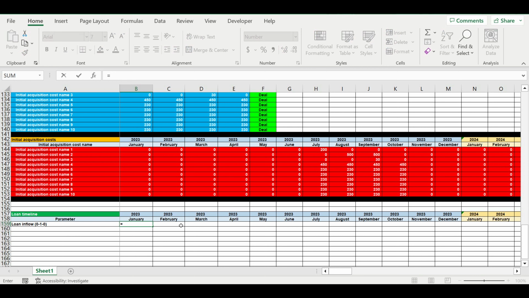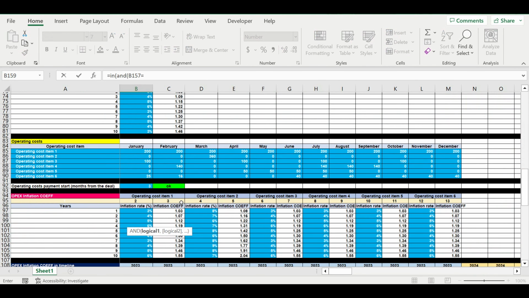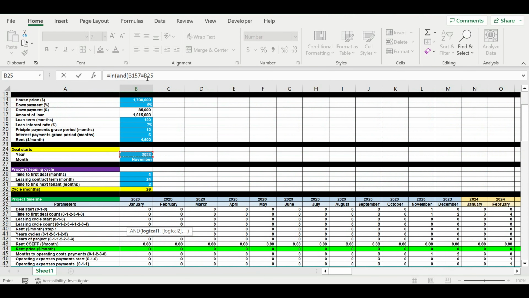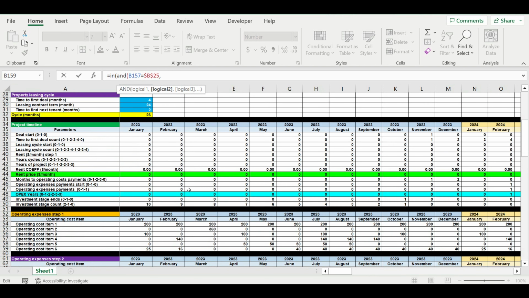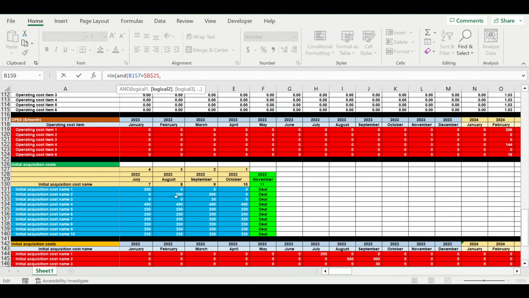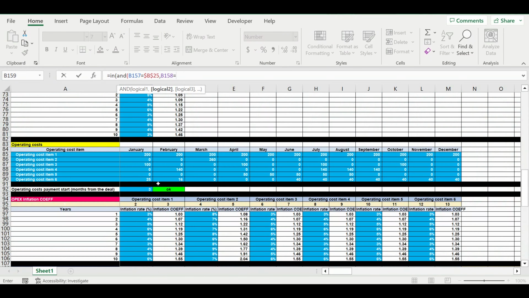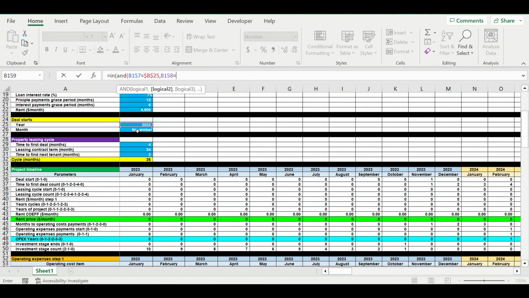If this year equals this year, and this month equals this month, we are freezing these cells.